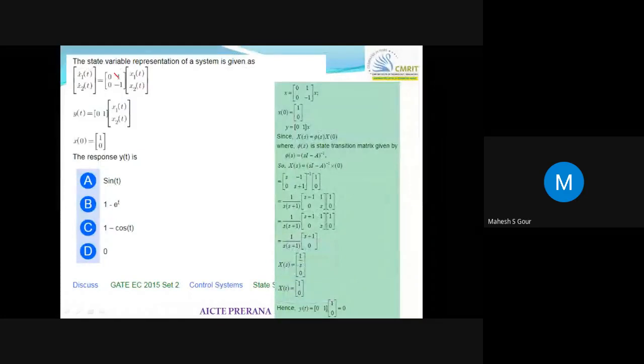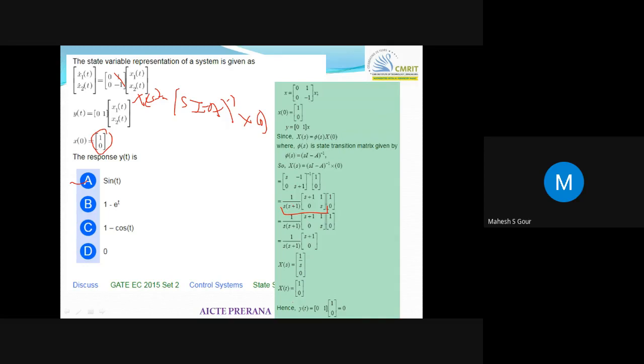So what is your x of s formula finally? X of s is your (sI minus A) inverse into your x of 0. So sI minus A, I hope you got till here: 1 by s into s plus 1, into the matrix s plus 1, 1, 0, s, right? What is x of 0? x of 0 is 1 and 0, right?